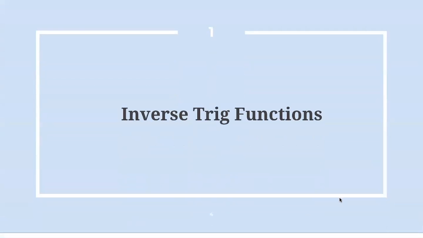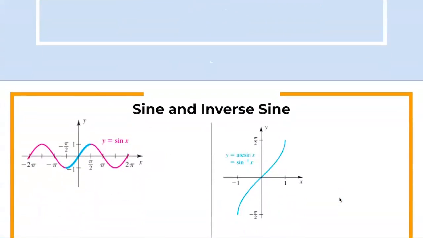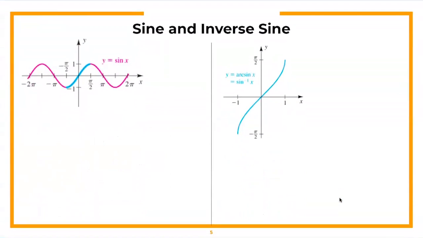Okay, so let's start with sine and inverse sine. So if you took trig, then you should know the graph of sine. And if you forgot it, you should remember it from Tuesday when we talked very briefly about what this graph of sine looks like.